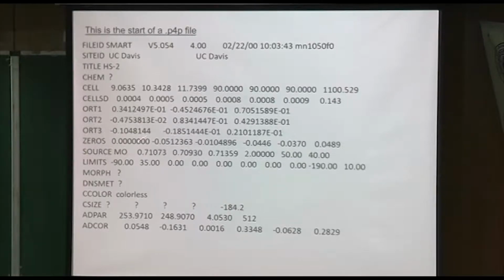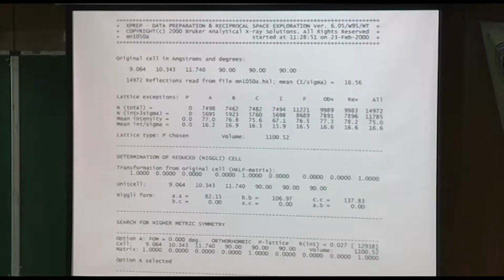So this is an important matrix for continuing on. It will be used for data reduction. This is what allows you to predict where those spots are on the frames. Okay, so that's the part of the P4P. It goes on and on and on, but that's the important part.